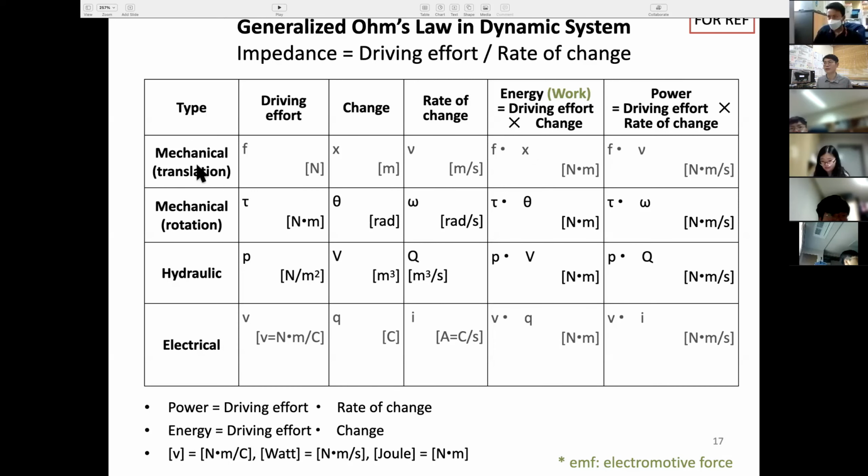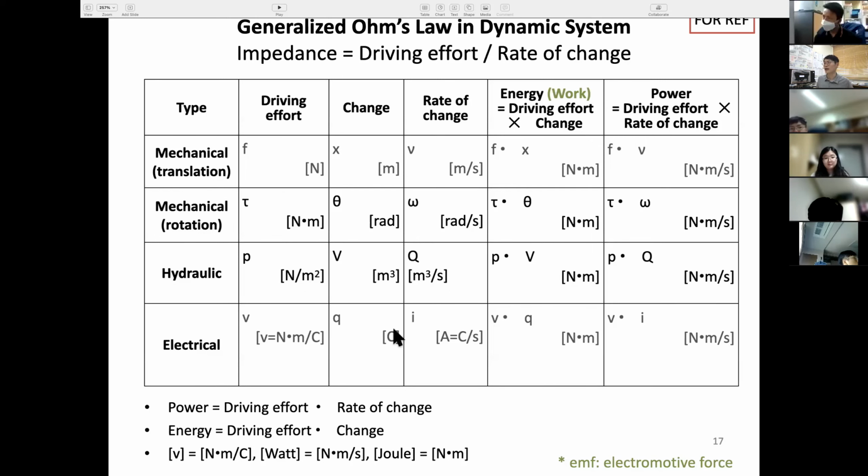For example, not only mechanical rotation or hydraulic systems. A good example is our heart, which pumps a fluid. By moving with pressure as the driving effort, we change the volume, and that rate of change is called the volume flow rate. It also applies to electrical systems. The driving effort is the voltage, which we call a potential, and with this potential difference we move charge, and that's the change.